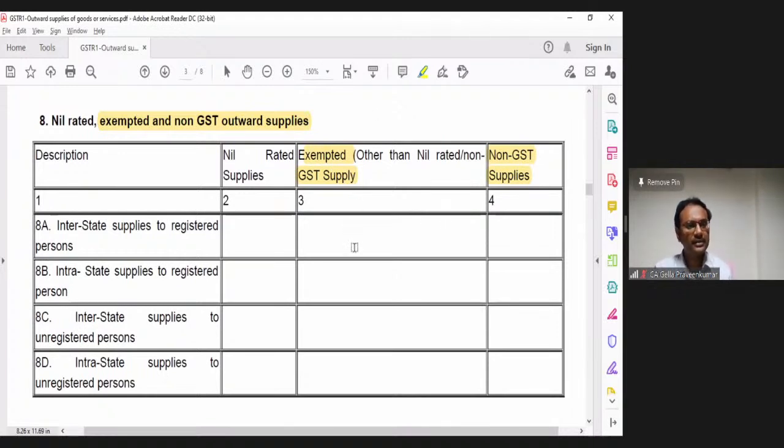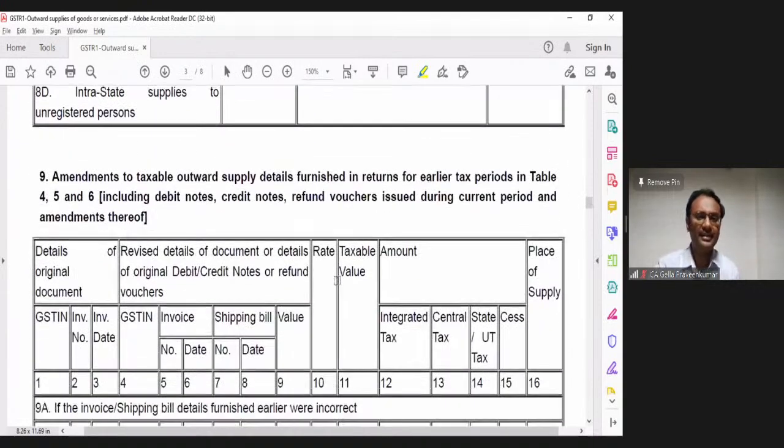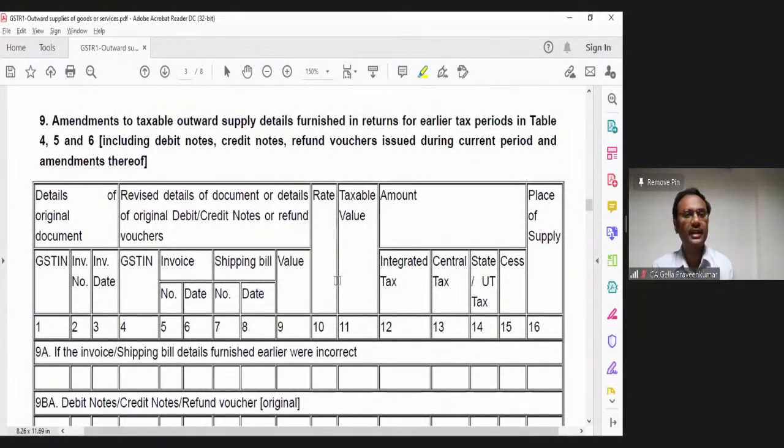Now, table 8 is over, table 9, amendments. This is the area which I was talking about, my rectifications. If you recollect, I said revision of returns is not permissible. Rectification, yes, it is permissible. My GST law says, whatever mistakes you have made, don't worry. Come back to your GSTR 1 and show the rectifications by way of amendments.